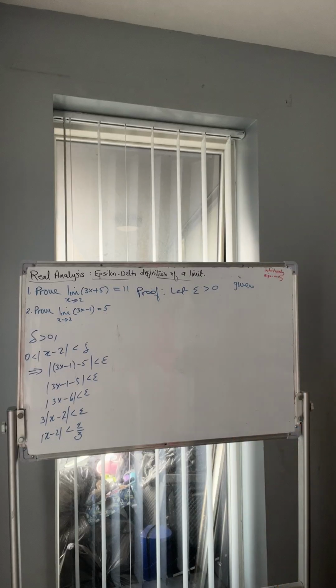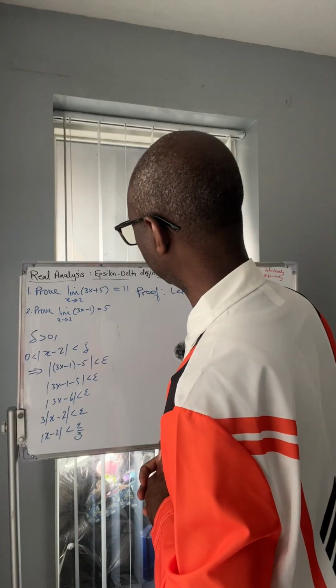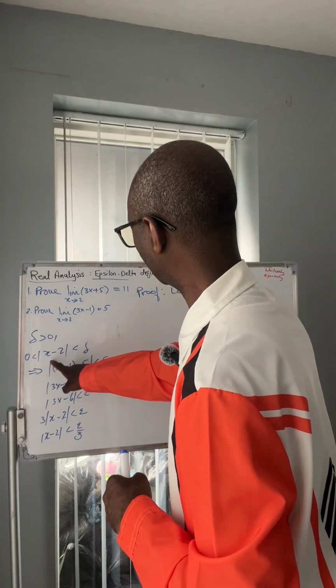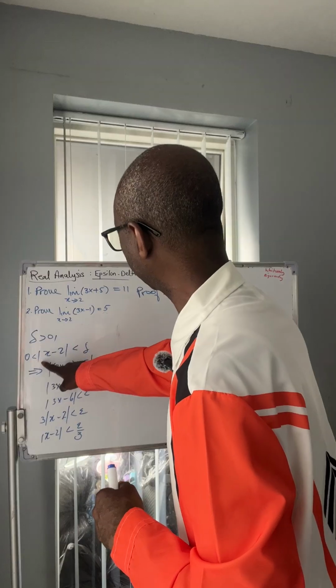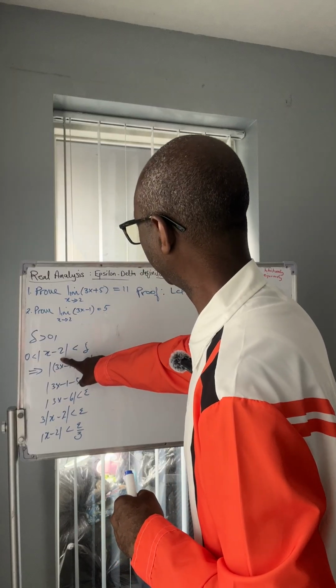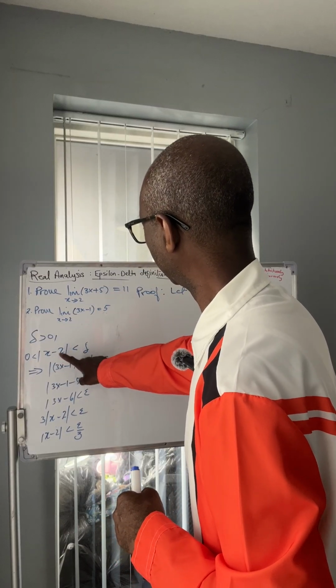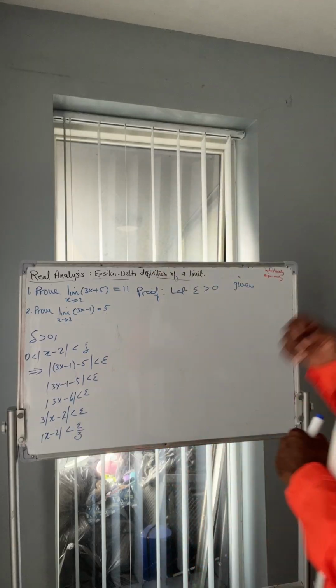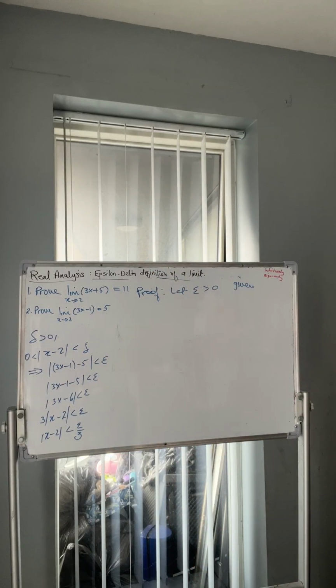So now what do we have? We have stated that this function here is valid for this value because we are using inequalities. And we have chosen our delta to be epsilon divided by 3, so we know it is positive.